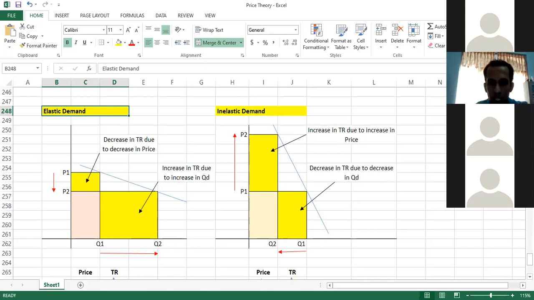For example, suppose you buy a particular magazine or newspaper periodically because you like to read it very much. Suppose the price of that newspaper is 100 rupees. As a percentage of income, that is very small.